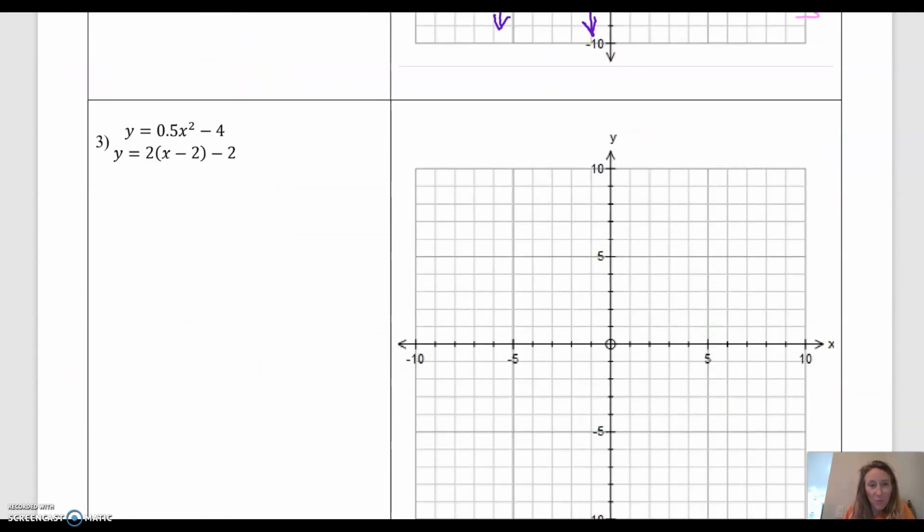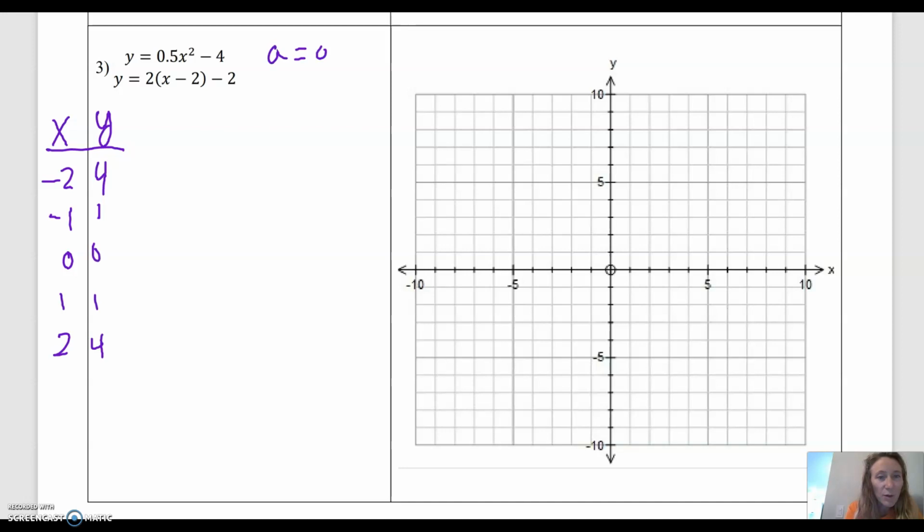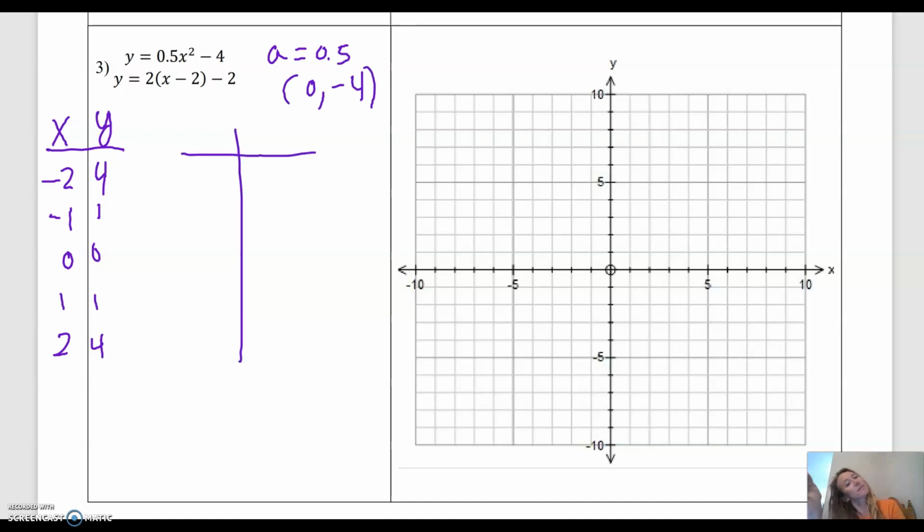All right, we have one more example here. So my first equation is the parabola in this case. So, reminding myself of the parent. And then I have my a is equal to 0.5, and then my h, k is 0, -4. So that will make this one kind of easy. It's just going to be x, right? Not plus or minus 0.